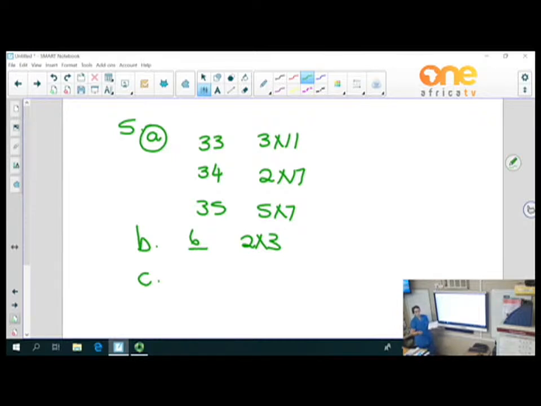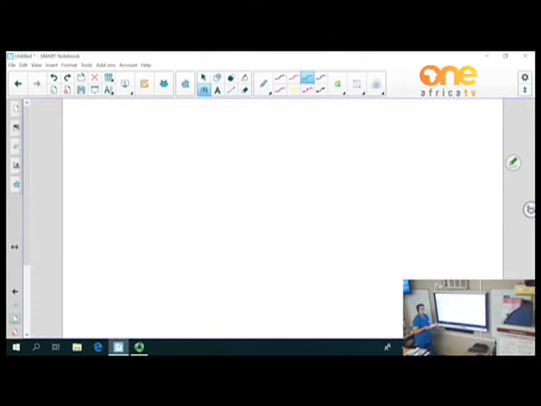You'll have to use trial and error until you get 85 and 86. 85 is 5 times 17 and 86 is 2 times 43. These numbers are all prime numbers. So these are semi-prime because their factors, when you multiply them, are both prime numbers.